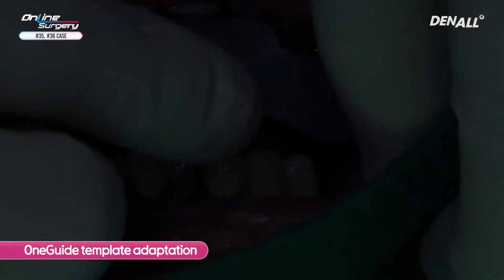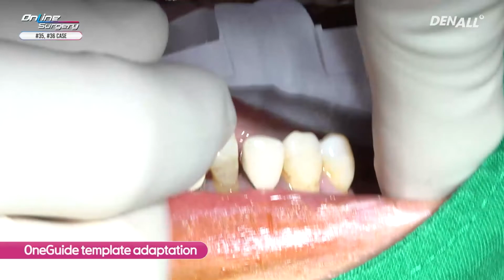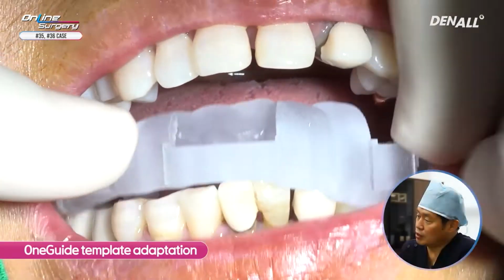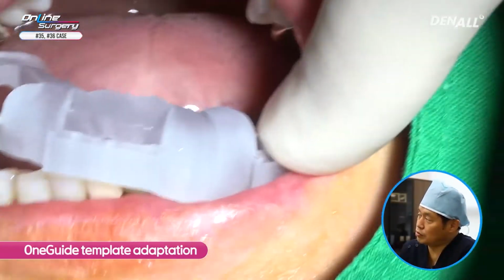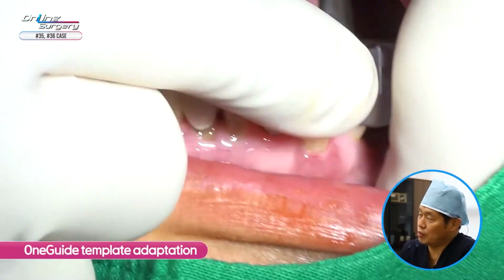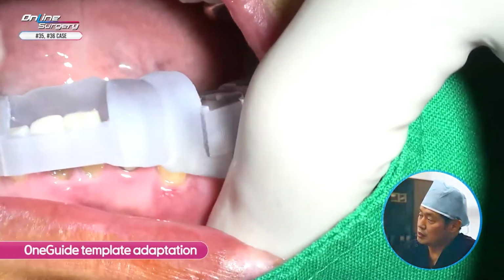The OneGuide template was checked once again to see whether it fit well. Of course, I also did it before surgery.